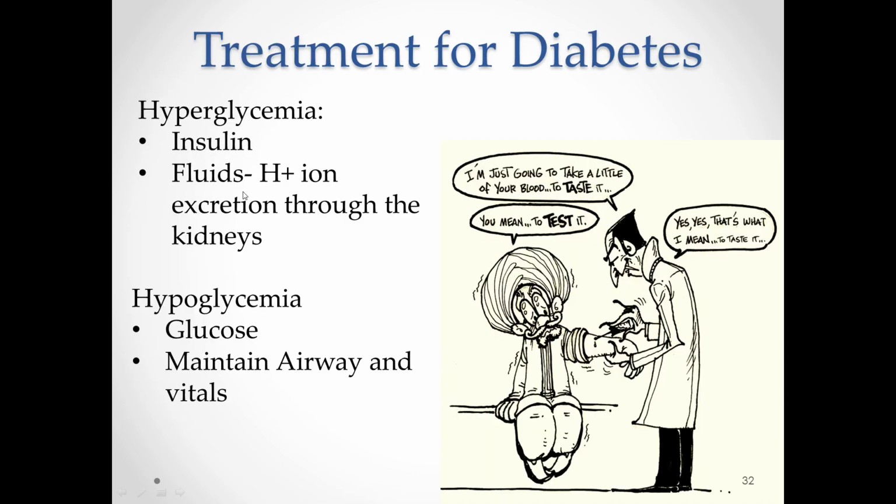Now the fluids increase proton ion secretion through the kidneys, in addition to addressing a hypovolemic problem. And then you're also going to monitor his blood glucose levels, and you're going to maintain an airway and vitals.